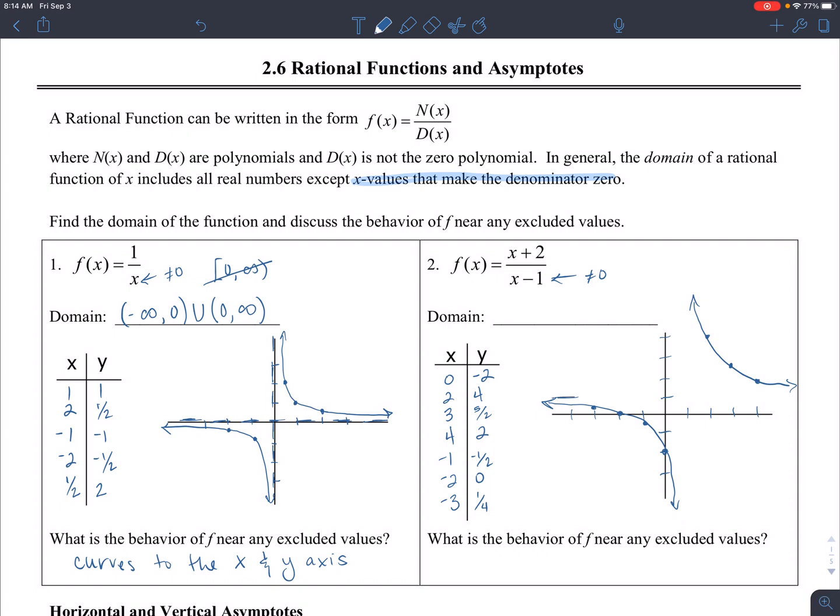Instead, it appears that we're getting closer and closer to y equals 1 and x equals 1. So the asymptotes have shifted.